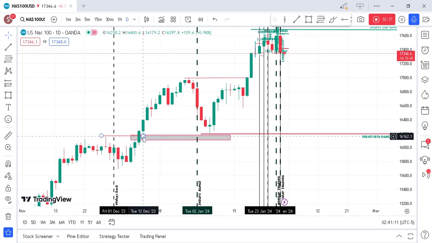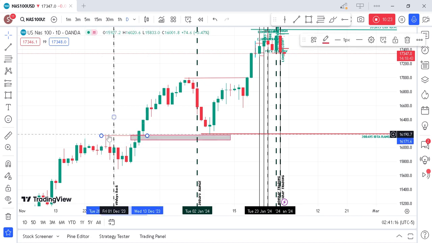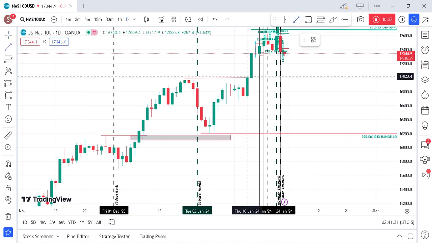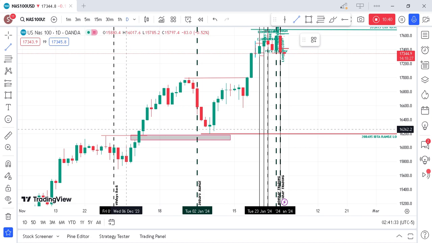So now you can see the market broke this structure and it went up. Then after breaking this structure, what did the market do? The market created a gap. Where was the gap? This was the gap.